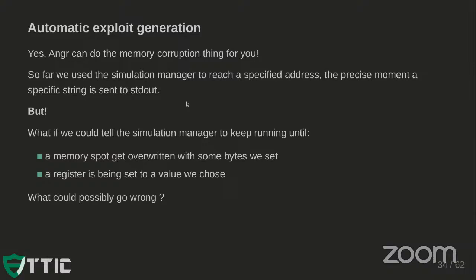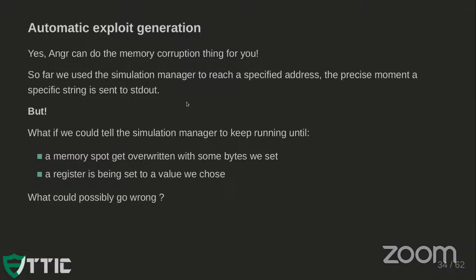But at each step, when we check the machine state, we check if, let's say, the program counter register is also symbolic. Because if it becomes symbolic at one step, that means that angr can control it using the input. That means that angr really took over the control flow of the program.